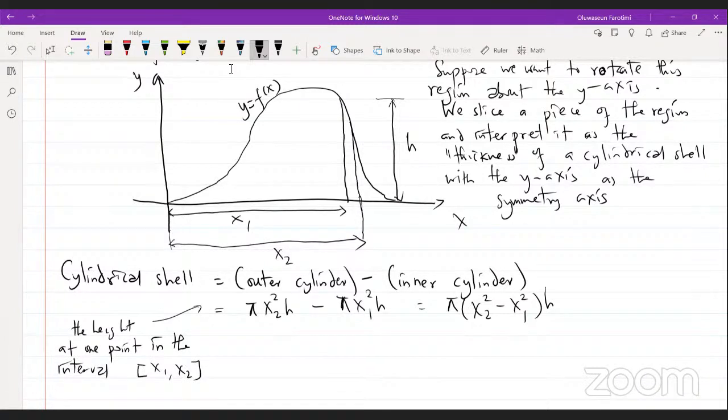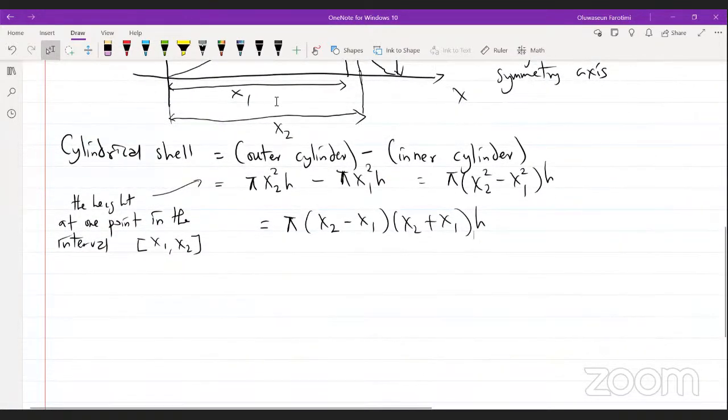I know it might not be a lot of fun talking about these theories, just hang in for some seconds. We're going to do an example shortly. Okay, so difference of two squares gives pi times x2 minus x1, x2 plus x1, and you have the height h.